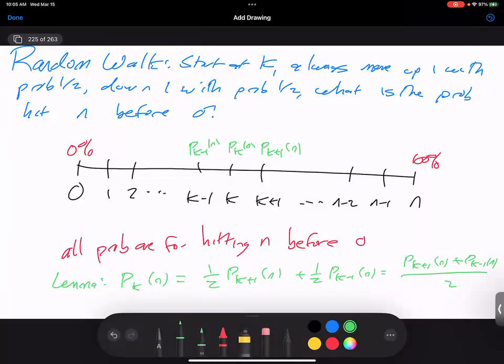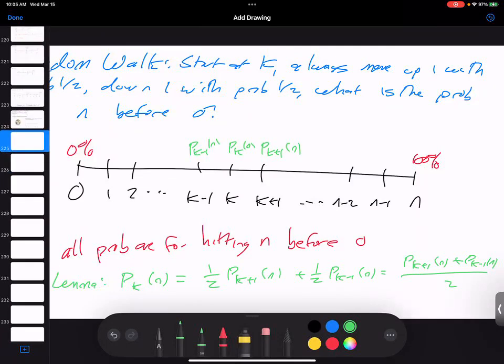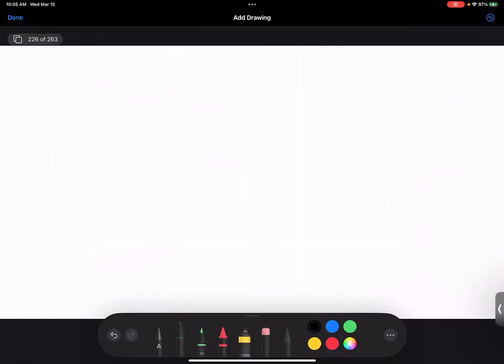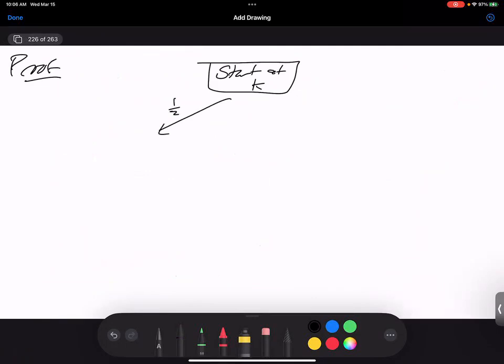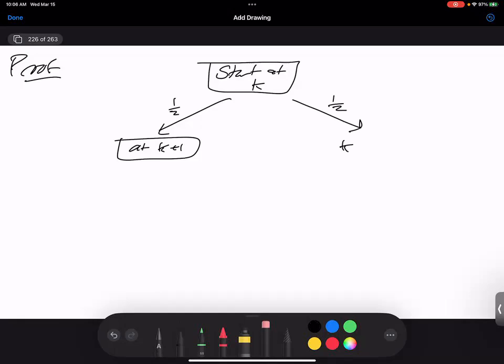It's the average value. And the proof is pretty straightforward, and we'll make a little flow chart. So proof: say we start at K. Then with probability 1/2, we're at K plus 1, and with probability 1/2, we're at K minus 1, because that's going to the left.